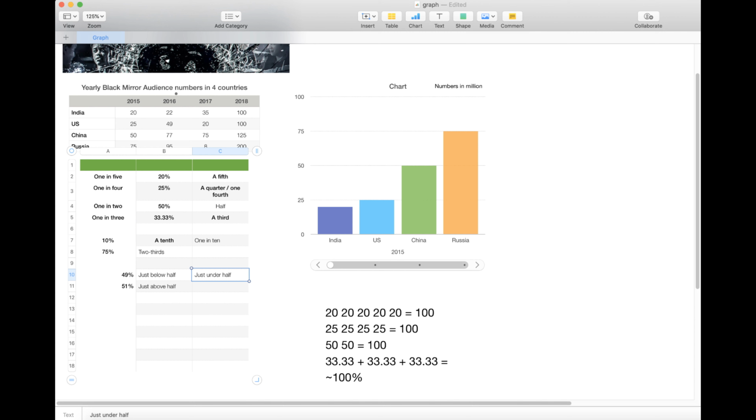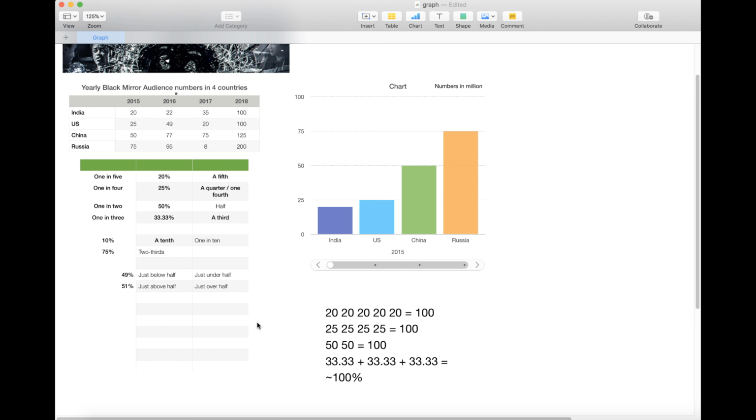Did you get it? Another synonym for just above would be just over half. Means the exact same thing. And you can use that for any of these numbers which are not exactly 50 or 75 or 100.